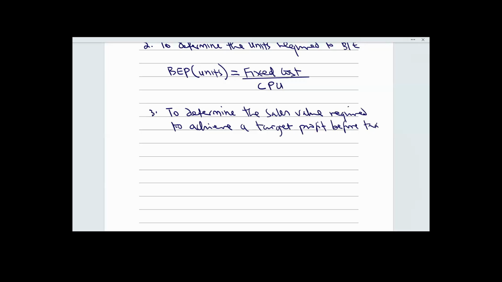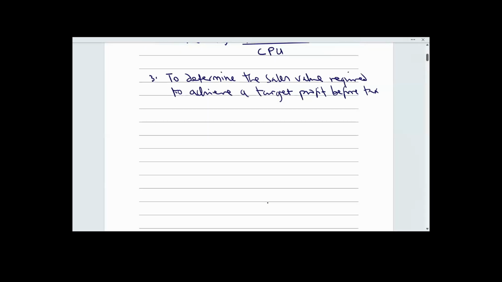Like I explained earlier today, management may want to know how much sales they are going to make in the market for them to be able to earn a targeted profit of 50 million naira, 1 billion naira, 10 million naira, depending on your targeted profit.